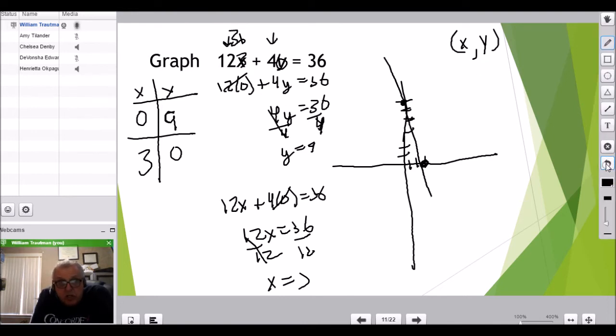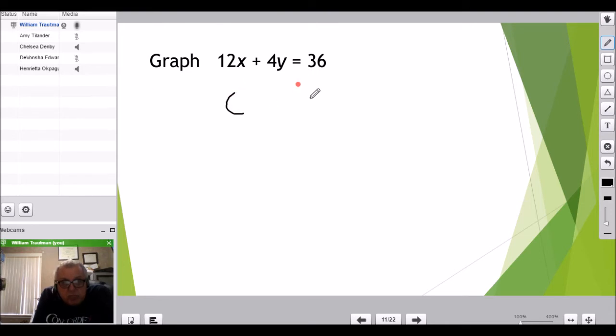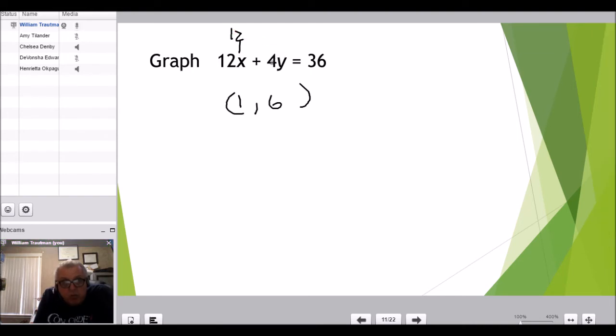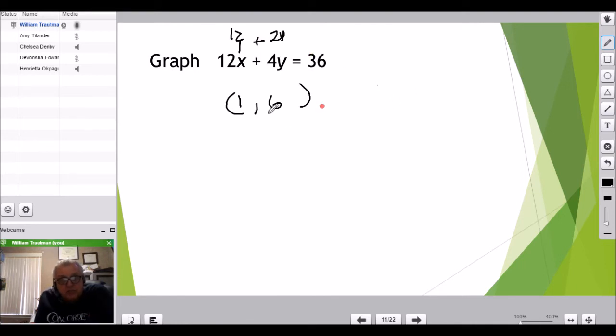Let me show you. I guess I'll erase everything. I could have used these points. If x is 1, I could have used y is 6, just because I'm visually looking at it. Do you see if I put a 1 in there, 12 times 1 is 12, and I put a 6 in for y, 4 times 6 is 24, 12 plus 24 is 36.